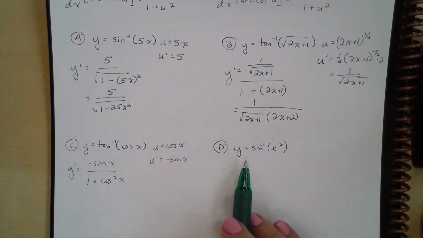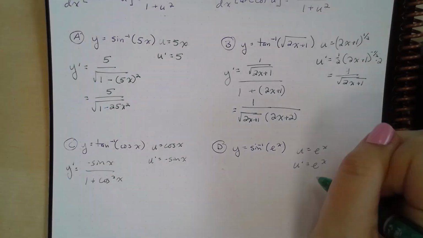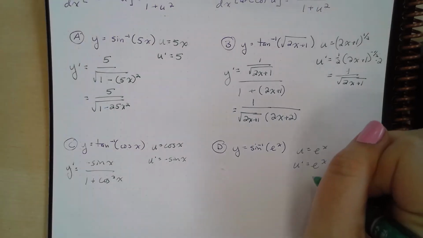And finally, let's do one more here. We've got y is equal to sine inverse of e to the x. So u is equal to e to the x. u prime is equal to e to the x.